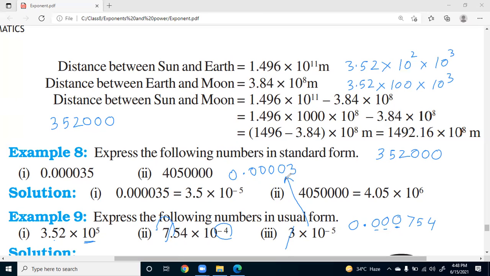Ma'am, example number 9 completed. Okay. What about Mahika? Mahika, are you able to follow?